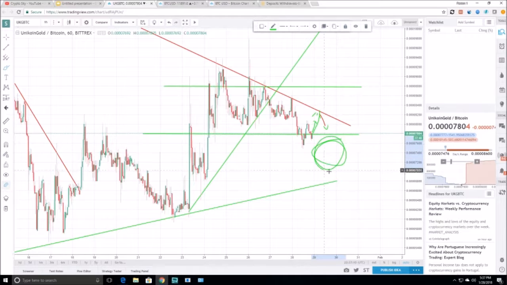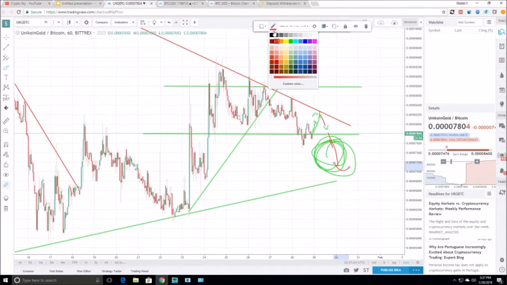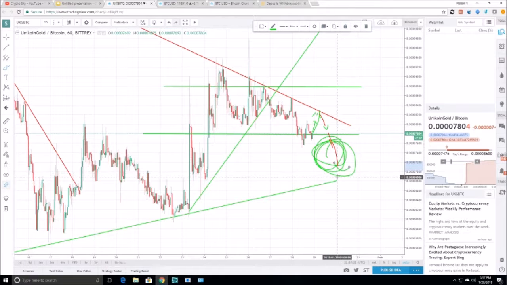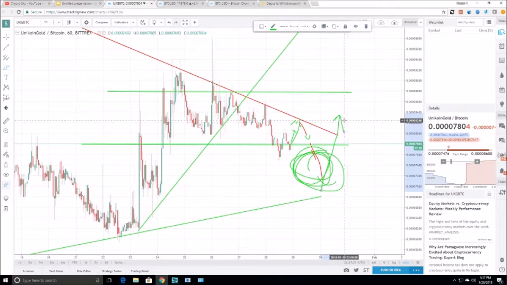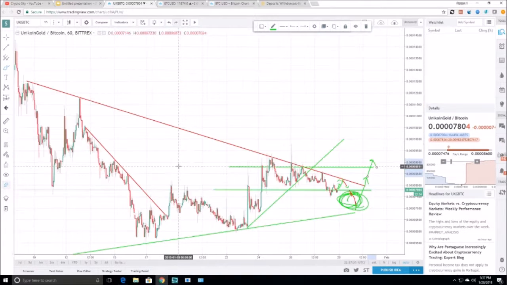This is a great buy zone, because if it does get down in this area, and that should probably be red, we have a very, very strong line of support. So after we see that line of support, we're thinking green, green, green, and hopefully it can break up out of this channel and, you know, go to the moon, as per se.